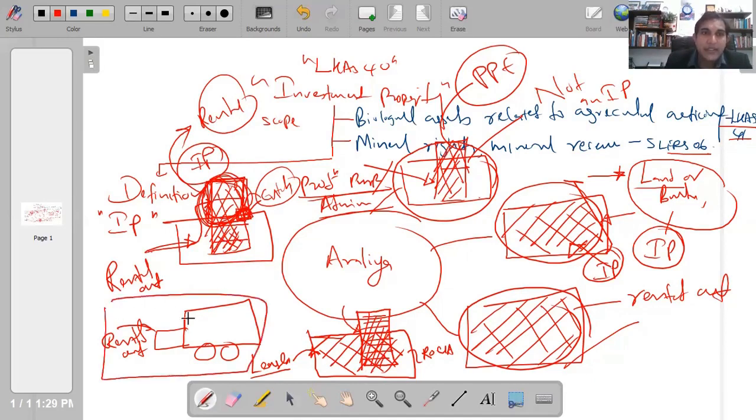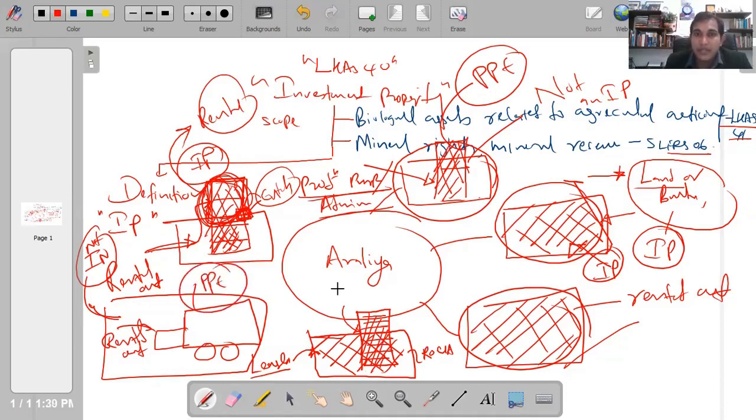Then this, even though motor vehicles are rented out, it cannot be recognized as investment property. Motor vehicles, generally we give on rent, but they cannot be identified as investment property. This should be identified as property, plant and equipment.